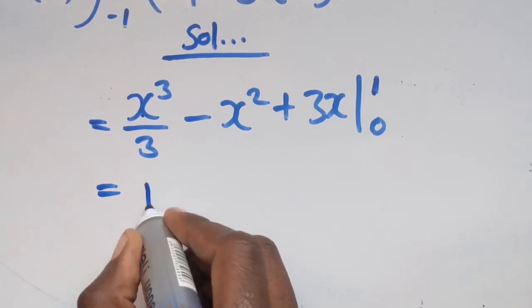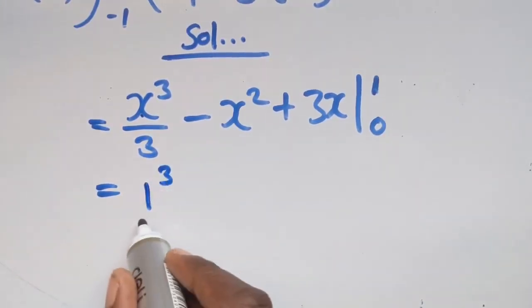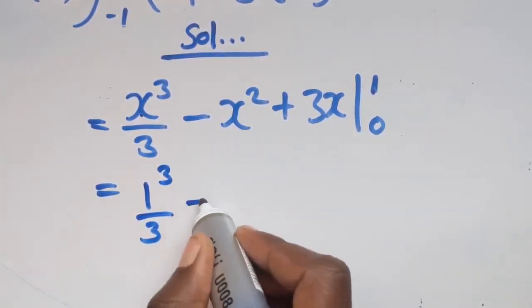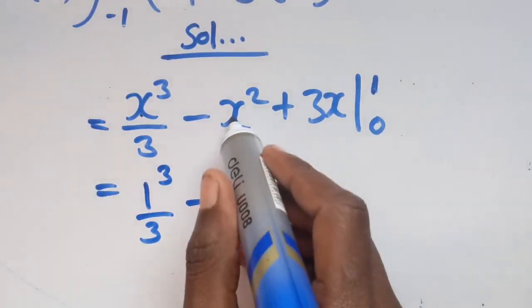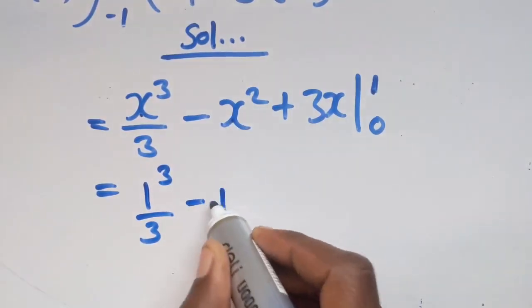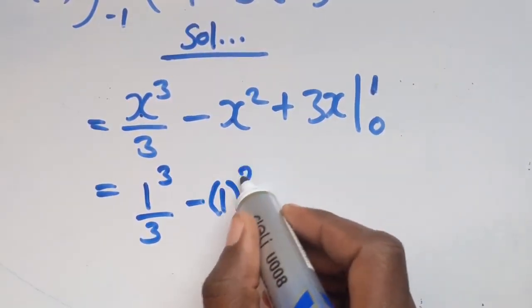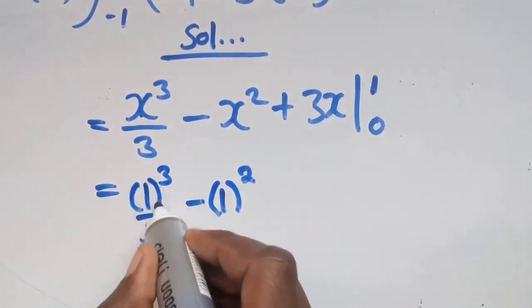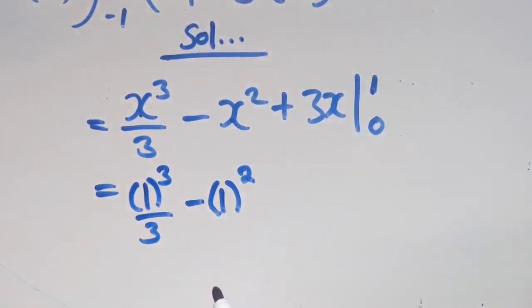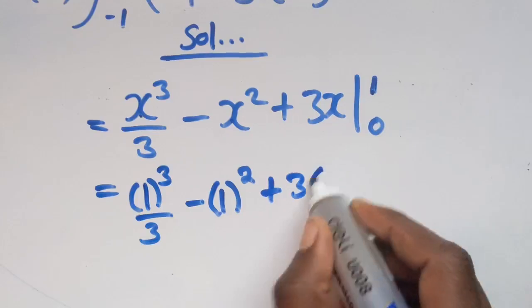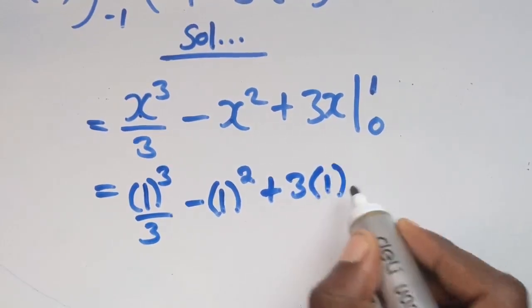So we are going to say 1 to the power 3 over 3. Then you're going to say minus, where there is x, we put 1, 1 to the power 2. Make sure that you are doing this. Then plus 3 multiplied by 1 there.